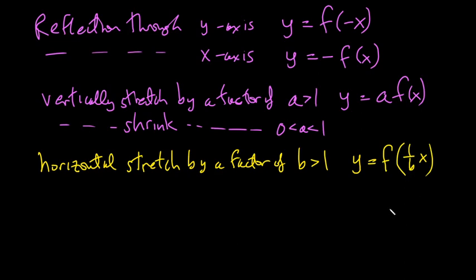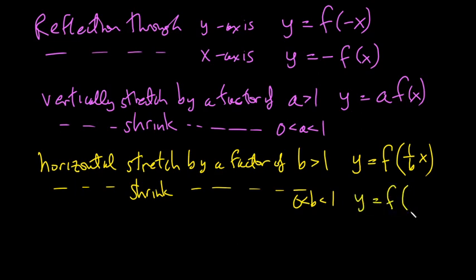And if you want to do a horizontal shrink or compress, again by a factor of b, so b would be less than 1, well, same thing. You multiply by 1 over b.